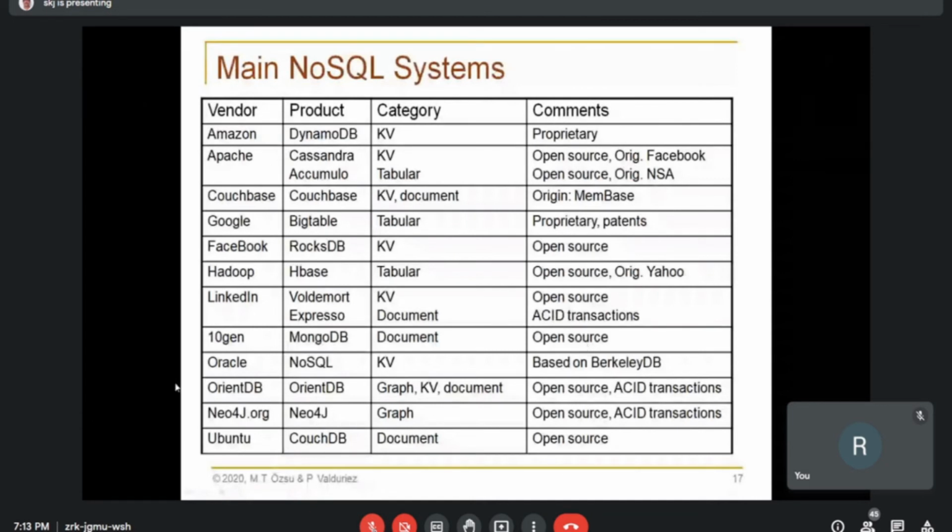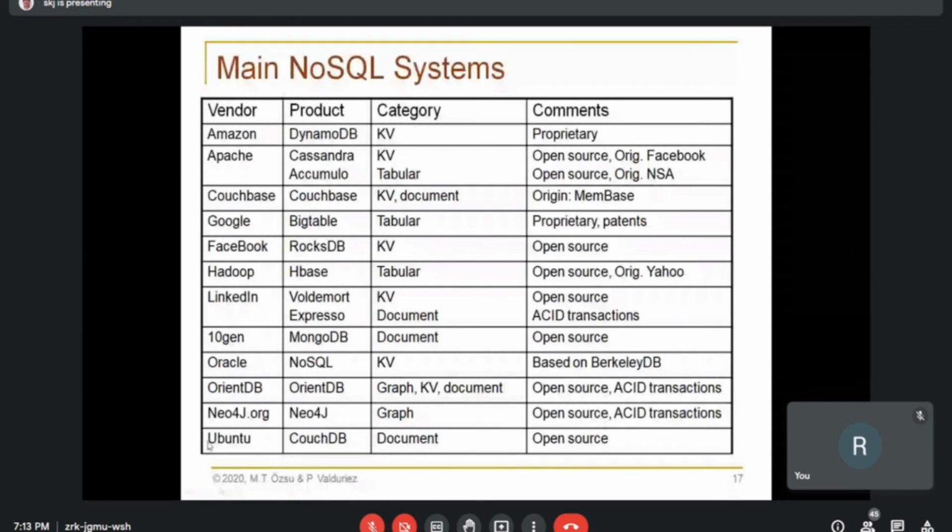Oracle NoSQL is the name of the product, but NoSQL is a general term. Key value, based on Berkeley DB. OrientDB, graph, open source. Neo4j, graph, open source.